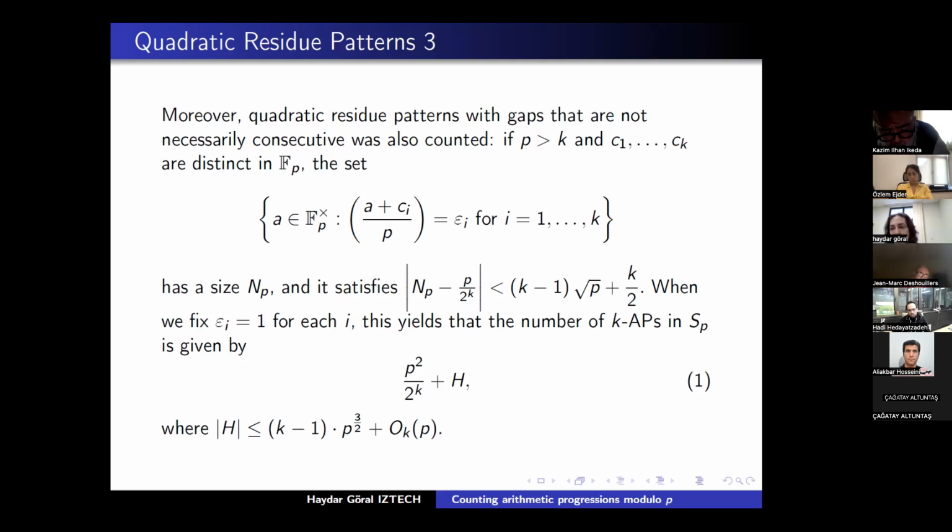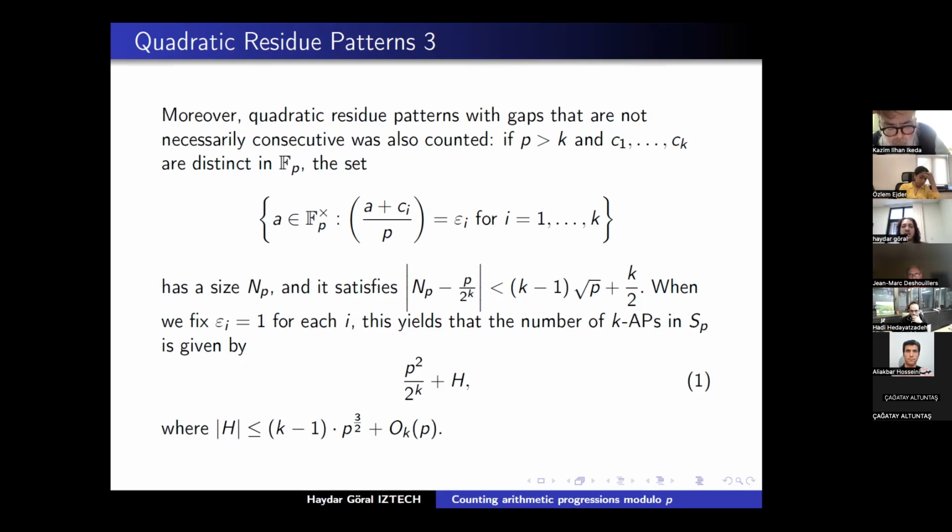So using this result, you can count how many k-term arithmetic progressions in squares there are. First, you take the jump 1, then the common difference is 2, then 3, then 4, and eventually the common difference is p minus 1. So this means that you have p many choices, and every time you are counting this set p times.